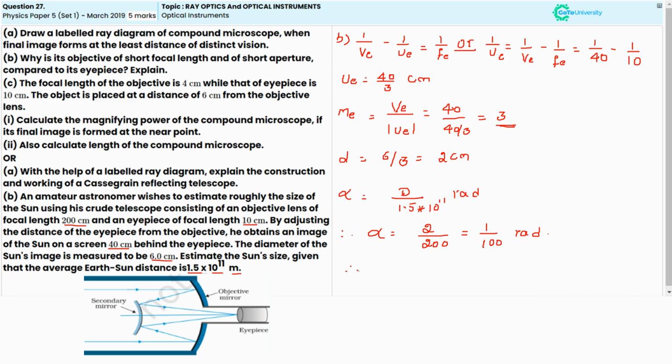Therefore, D divided by 1.5 into 10 to the power of 11 is equal to 1 by 100, or D is equal to 1.5 into 10 to the power of 9 m.